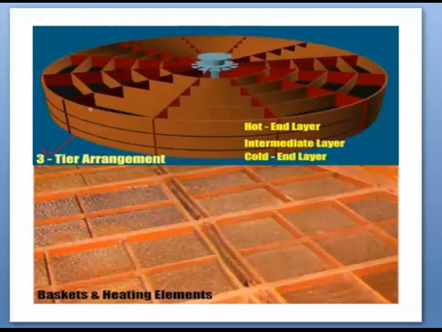The upper part is the hot end, which comes in contact with the hot flue gas. Then there is an intermediate layer, and the bottommost is the cold end layer.